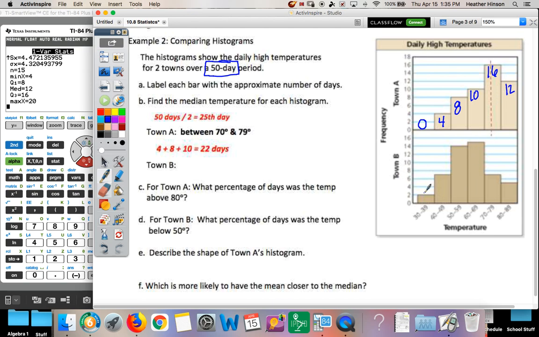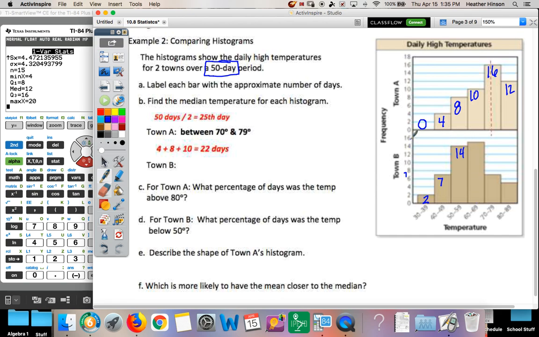Okay, what about town B? 30 to 39 lands at 2. 40 to 49. Ooh, that one's in the center. What's in the middle of 6 and 8? Well, 7. So that one's 7. 50 to 59 is 14. 60 to 69. Ooh, again, that one's in the center.